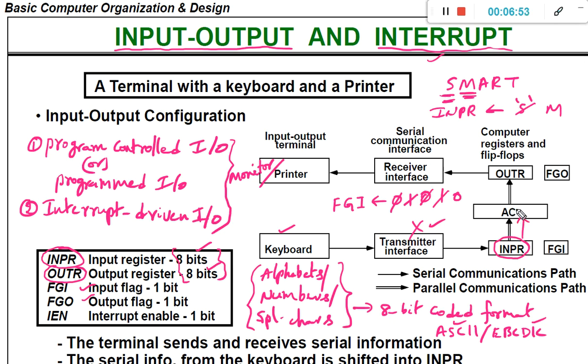What about the content of the accumulator register? There are several possibilities. For example, I have keyed in the first character S. I can directly display the content or print the content on the monitor, or I can store the content of the accumulator register in a memory location, or I can store the content of the accumulator register in a data register, or I can store the content of the accumulator register into a temporary register.